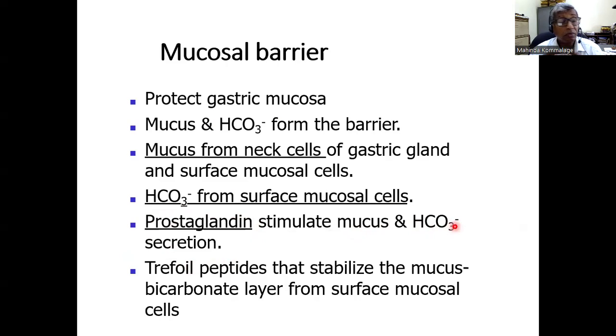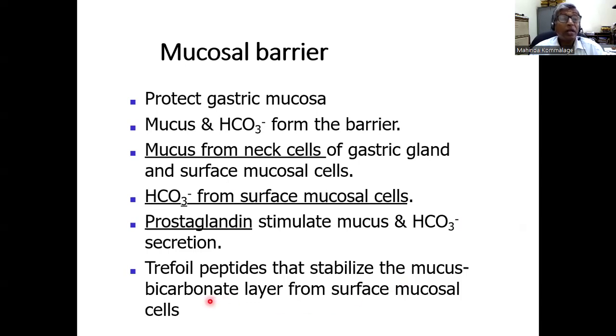Some drugs inhibit prostaglandin, right? Some painkillers, probably you have heard of diclofenac sodium, ibuprofen or brufen. These drugs are known to inhibit prostaglandin and then probably impair the production of mucus and bicarbonate, so we might get gastritis.